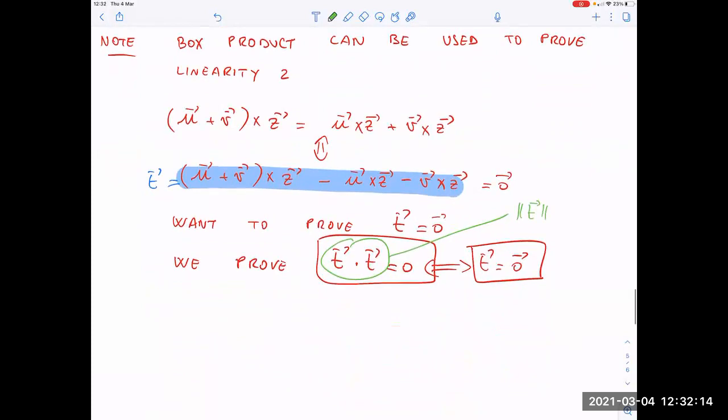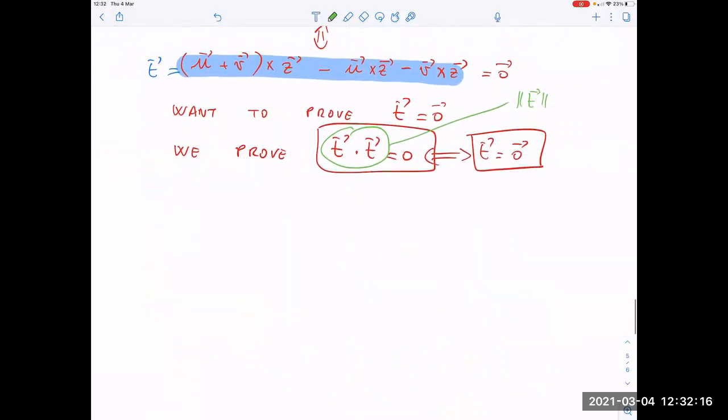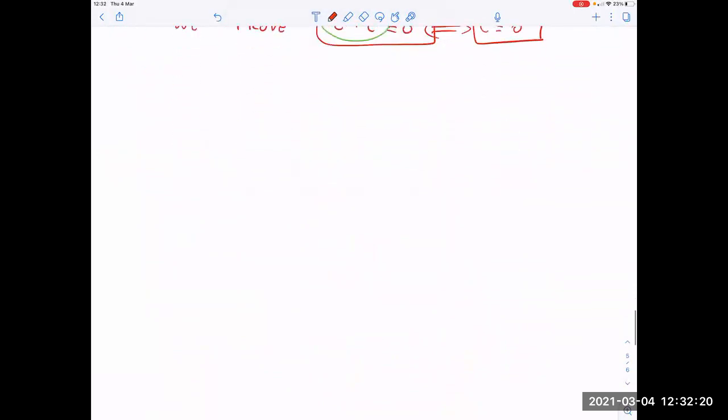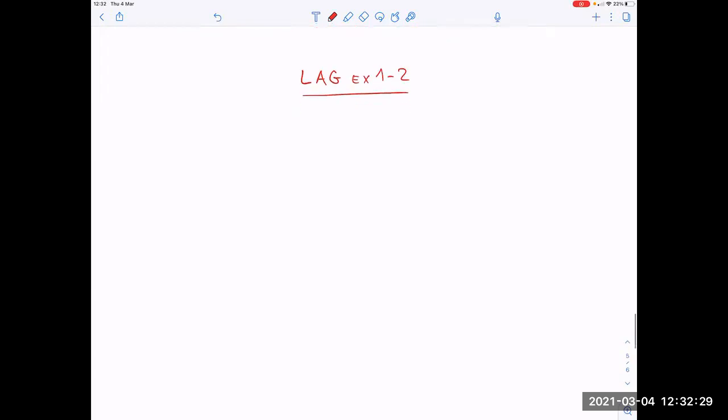Okay, so now we move to the exercise sheet. And there was a question about one specific question, some vector equation. I see one. So this is number 7 here.